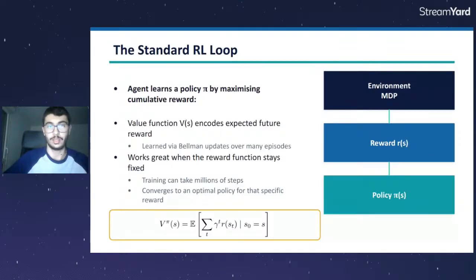So in the typical RL problem, we have what we call a reward function, which is a function that takes the current state generally and is going to return how good is that state. It's a function that the user designs, and the agent is going to be trained with respect to this reward function. And then, as we said earlier, the goal of the agent is to maximize the reward function, and so it needs to acquire a really good policy.